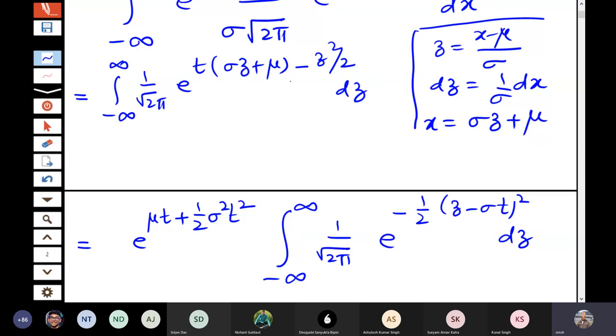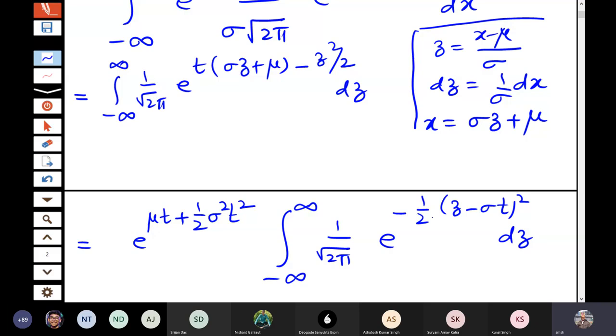In the exponent, the z square by 2 minus sigma t z term is there. So here I take half common and I complete a perfect square. I add and subtract half sigma square t square.